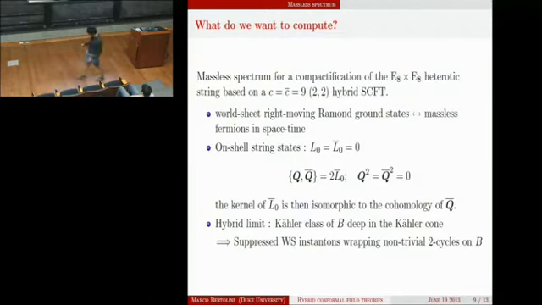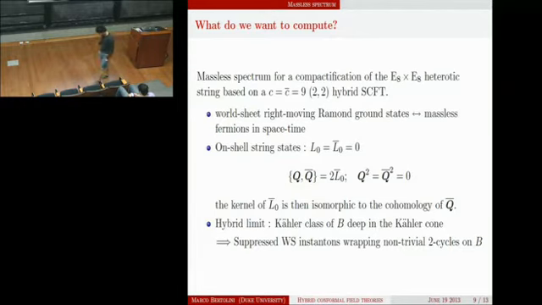Therefore, we need the left-moving and right-moving energy both to vanish. Just by looking at the algebra of the generators of the right-moving supersymmetry, we see that the kernel of L-bar naught, the right-moving energy, is isomorphic to the cohomology of Q-bar. So from now on, we will just restrict ourselves to the cohomology of Q-bar.